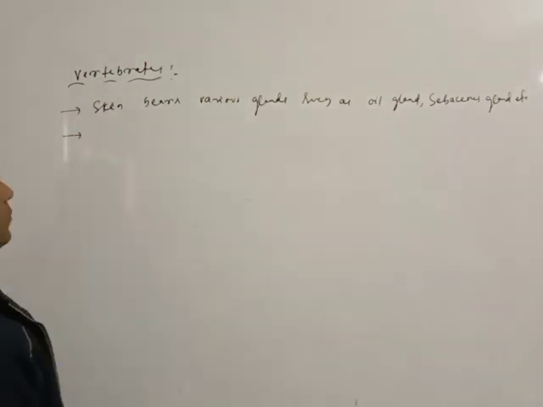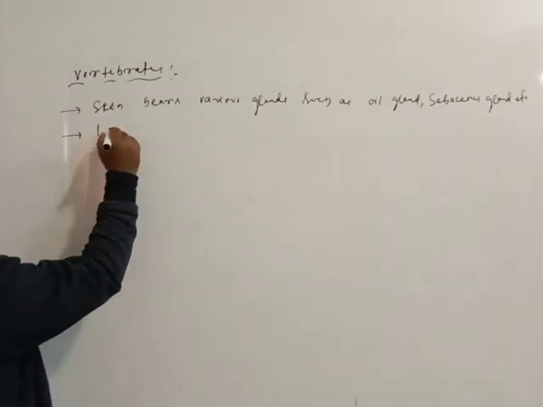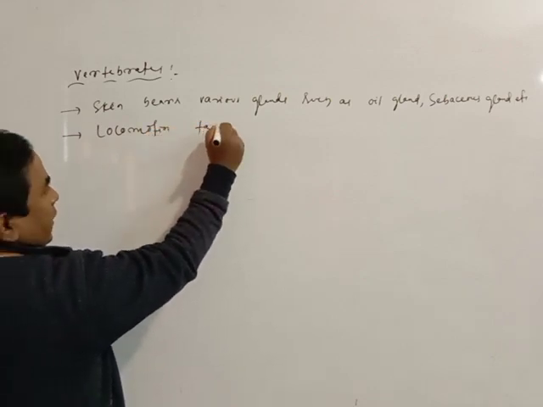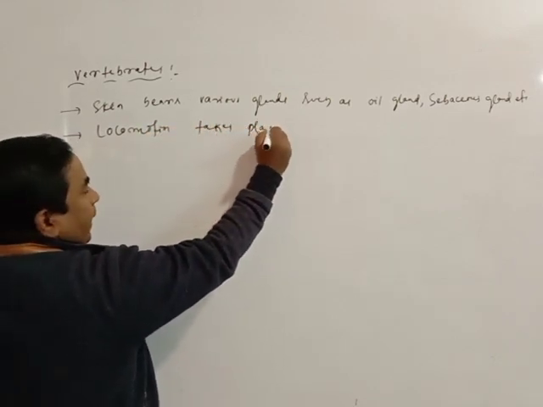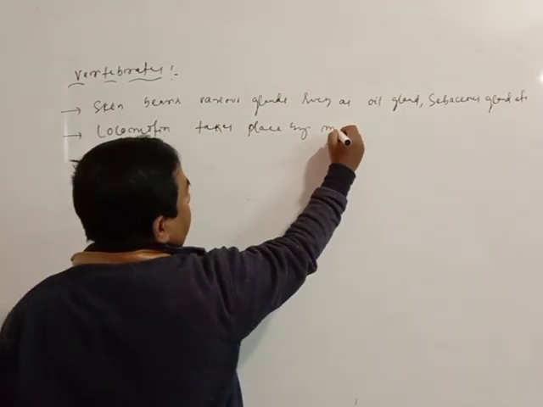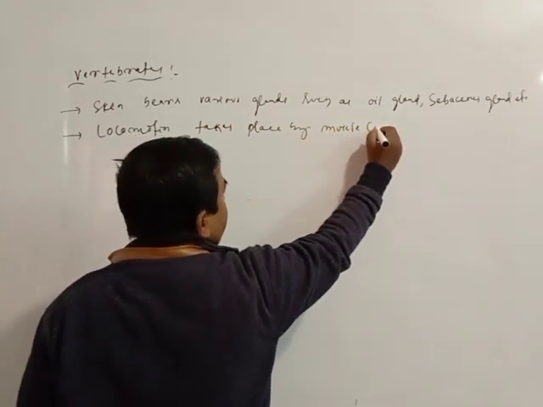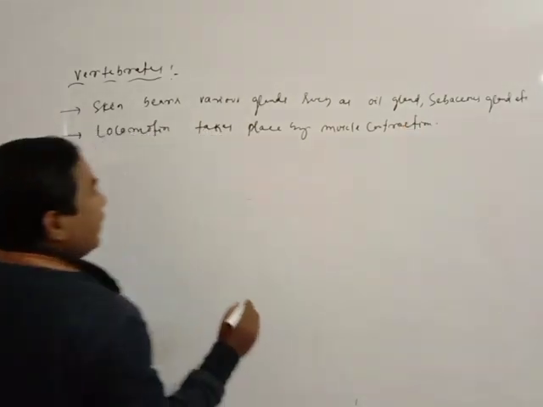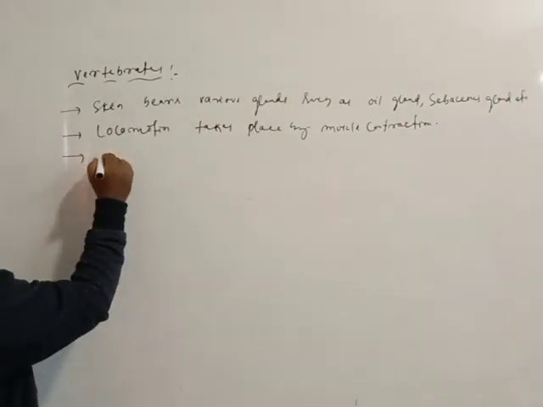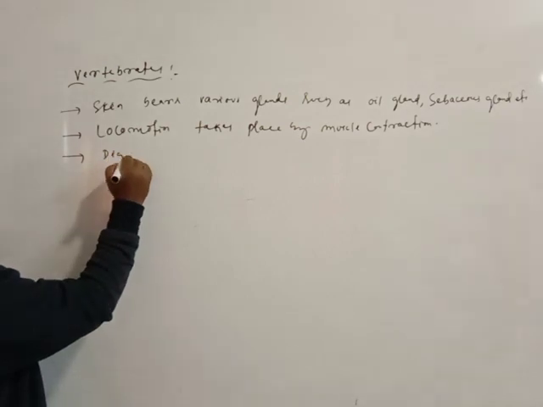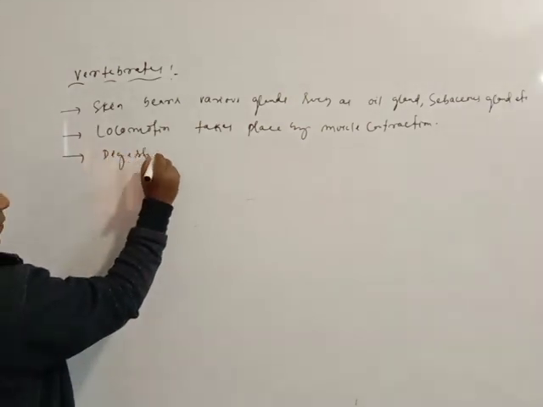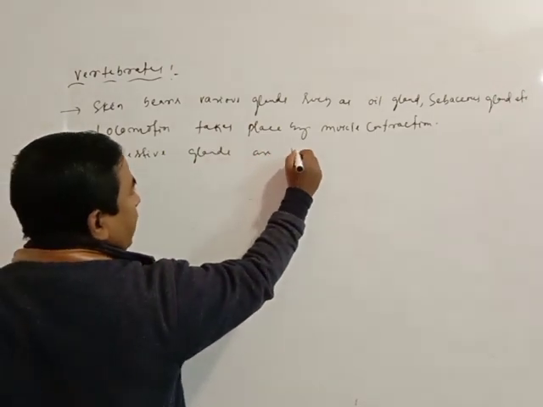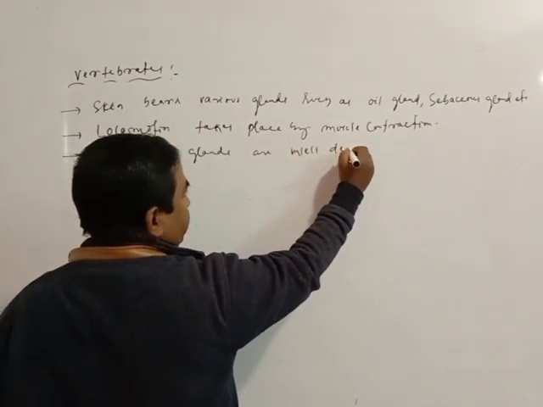Next, locomotion takes place by muscle contraction. Next, digestive glands are well developed.